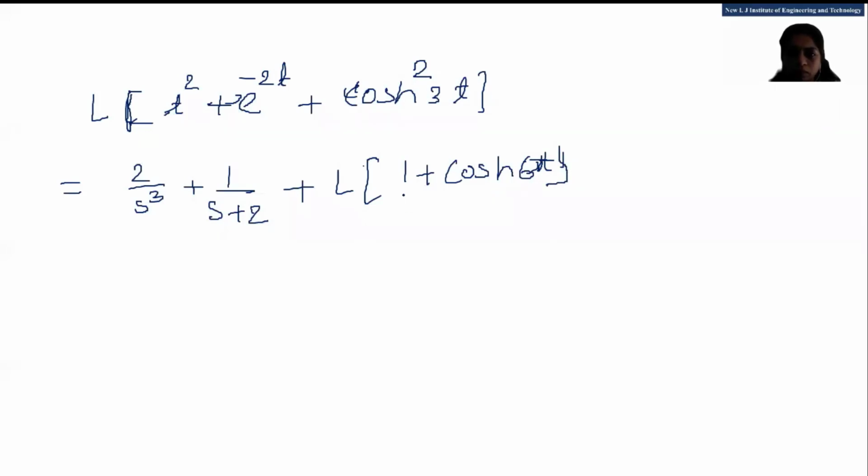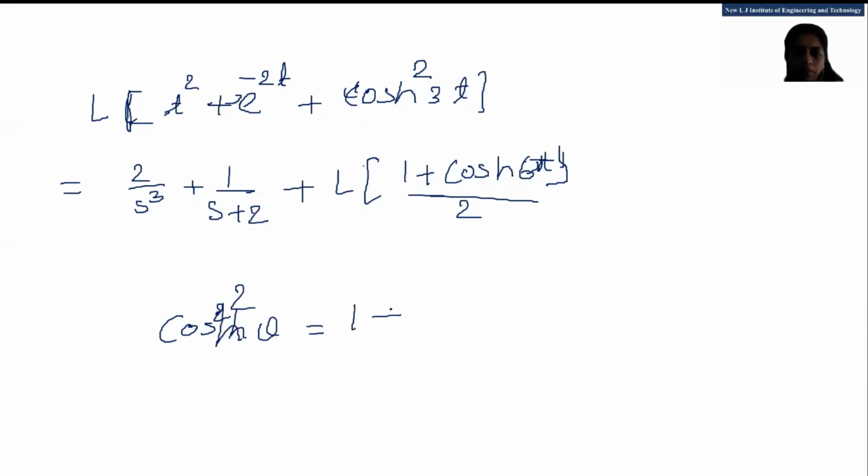Okay. Cos hyperbolic square 3t is 1 plus cos hyperbolic 6t by 2. Students, it is the same formula as cos hyperbolic theta: cos hyperbolic square theta is equal to 1 plus cos hyperbolic 2 theta divided by 2.